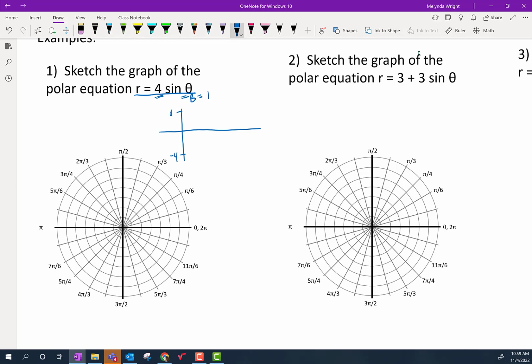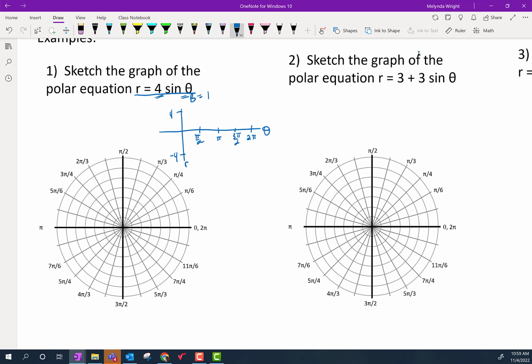Our sinusoidal axis is at the x-axis. Actually, we're going to call this theta. That's the theta axis, and this is the r-axis. So it's just a normal period, 2 pi. So we half 2 pi and get pi, and we half again and we get pi over 2 and 3 pi over 2.